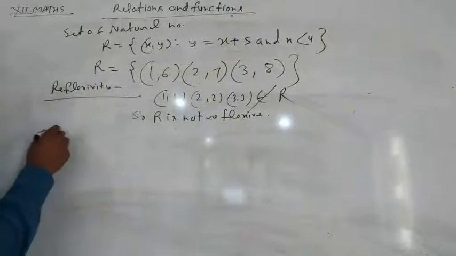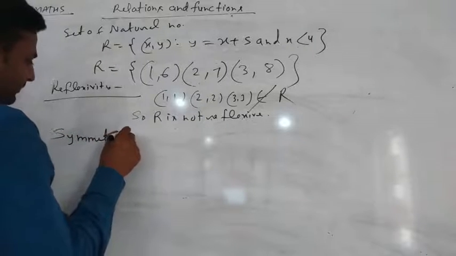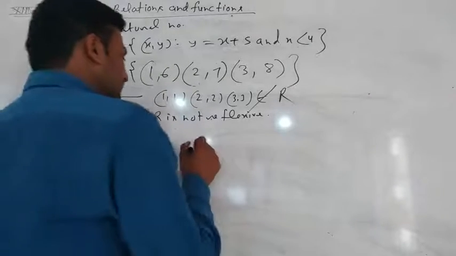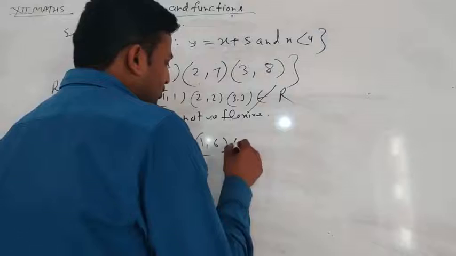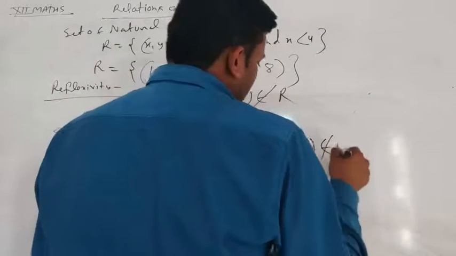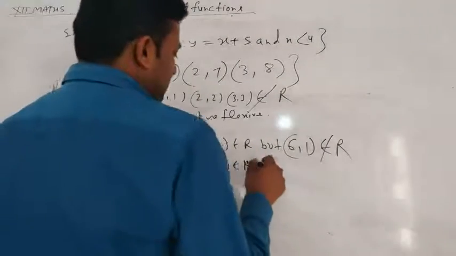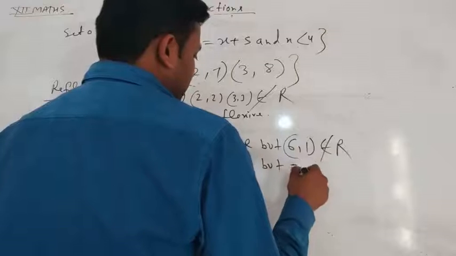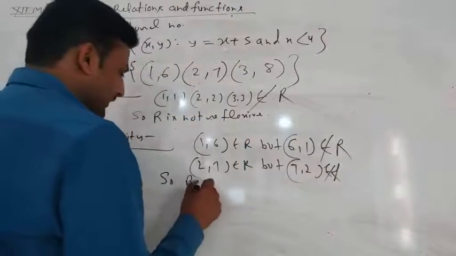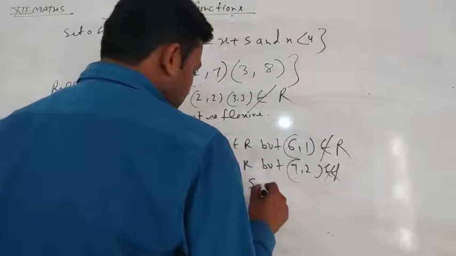Now symmetry. We see that (1, 6) belongs to R, but (6, 1) does not belong to R. Similarly, (2, 7) belongs to R, but (7, 2) does not belong to R. So R is not symmetric.